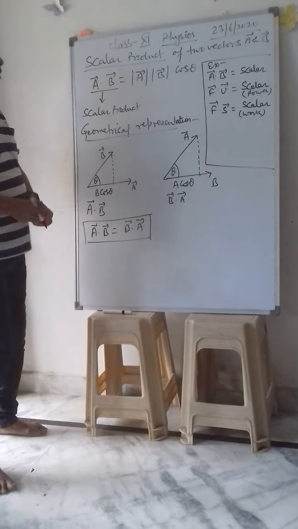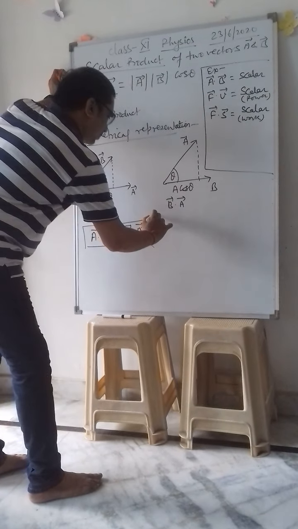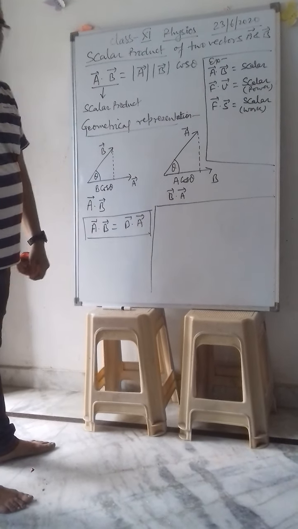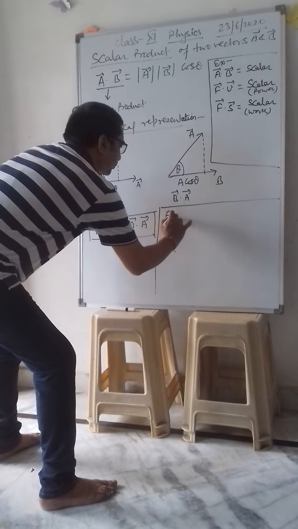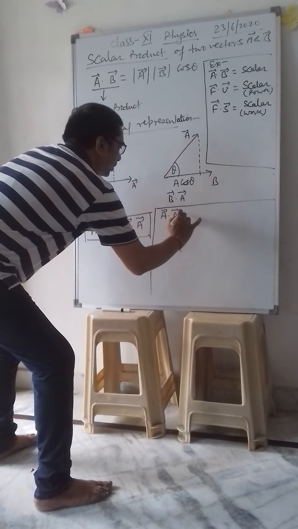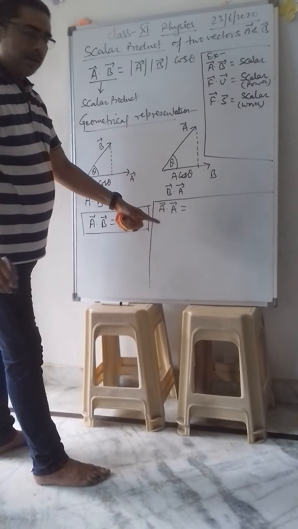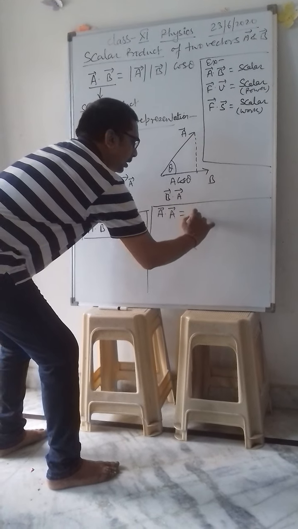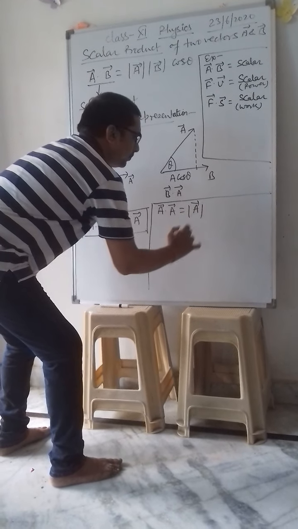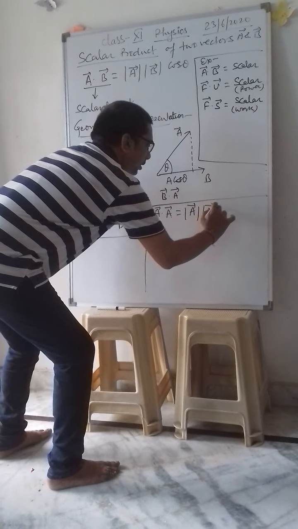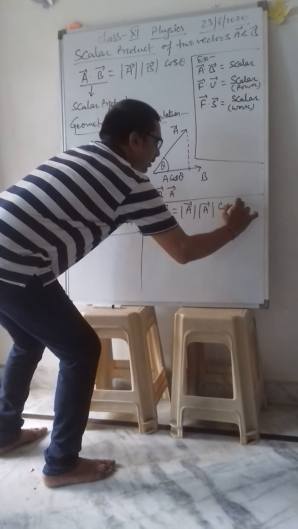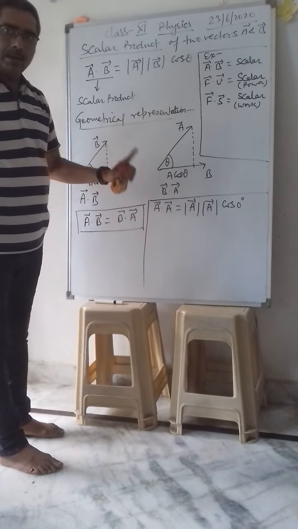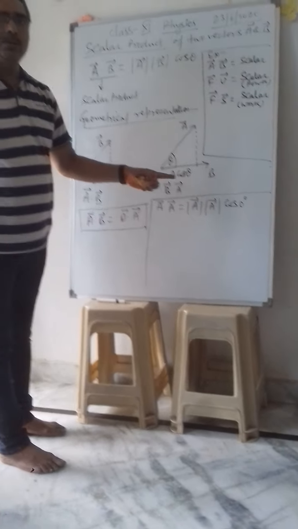Okay. Now some other rules regarding the scalar product, such as A dot A, which is always scalar. What is its value? According to the formula, mod of vector A and mod of vector A with cos 0 degree, because in A dot A both vectors are parallel, so the angle theta is 0 degree.